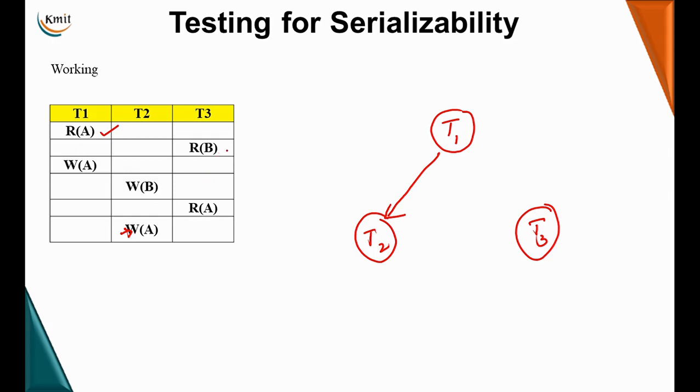Similarly, the next action is read of B, and as we know, for read of B the conflicting action would be write of B, and from T3 to T2 I draw an edge. Next action is write of A. For write of A, there can be two conflicting actions.